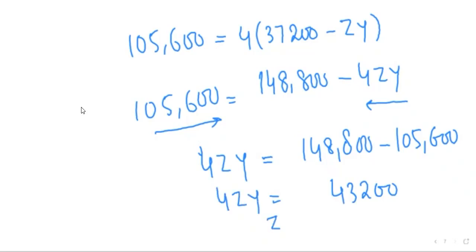So zy is 43,200 divided by 4, which is actually 14,400.